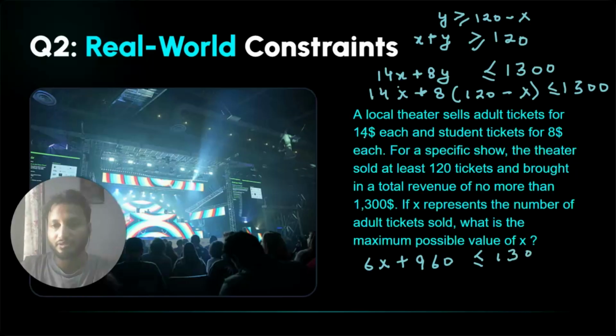And this 1300 minus 960 is how much? 13 minus 9, 12 minus 9 is 3.